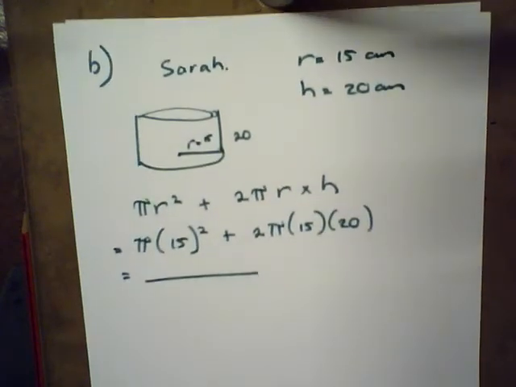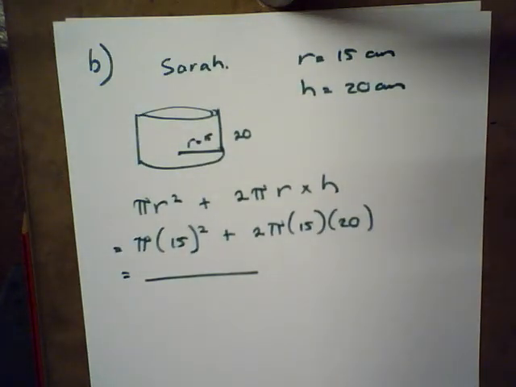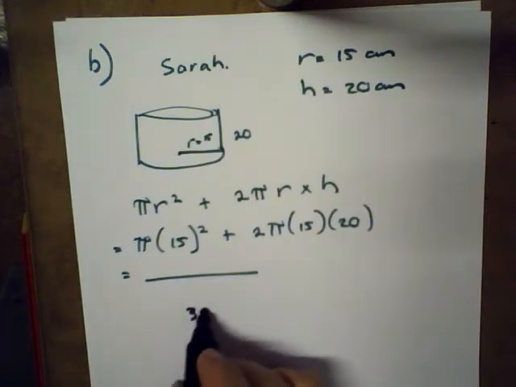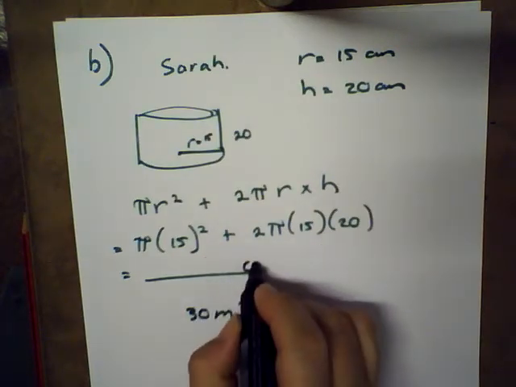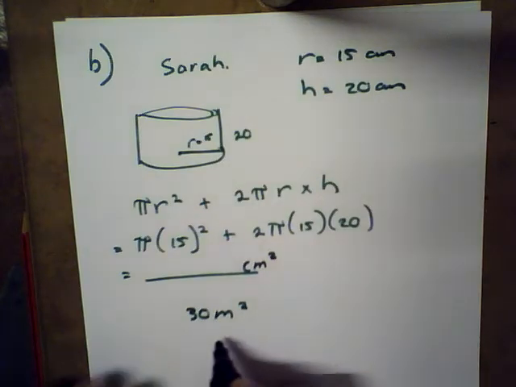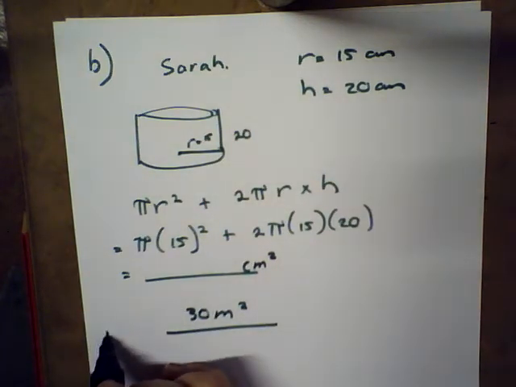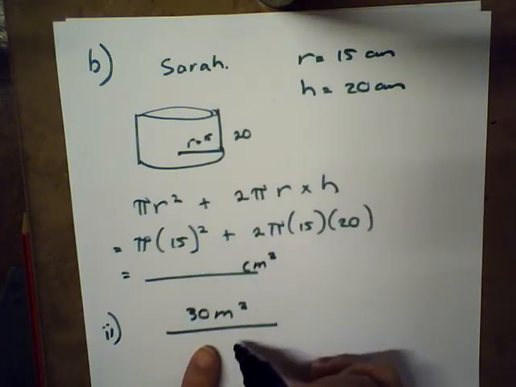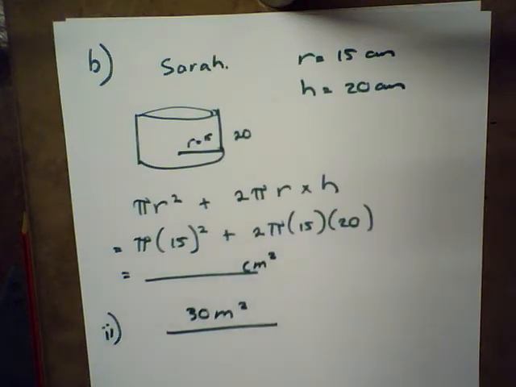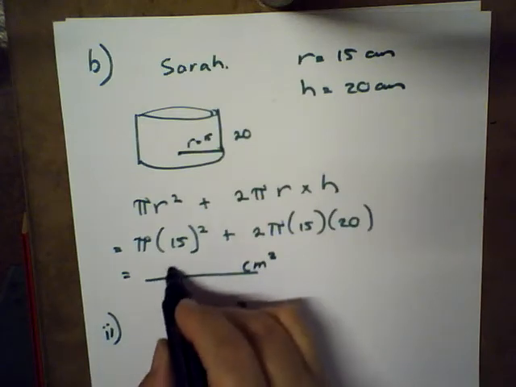Sarah buys a tin of paint which covers 50 meters squared. How many pot plants of this size could be painted on the outside surfaces completely using this tin of paint? We know our answer would be in terms of centimeters squared, so I need to divide by something in terms of meters squared. I don't have my calculator with me, so this is a little bit tricky, but let's call it blah blah blah.